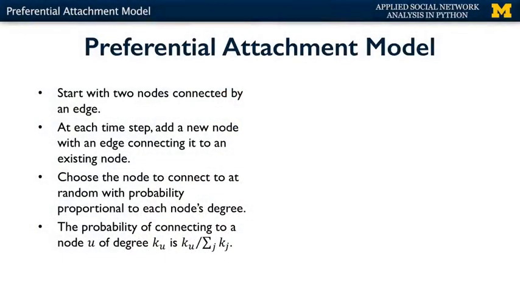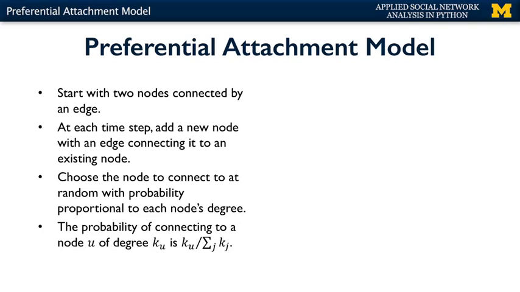The new node is going to choose at random, but with probability proportional to the node's current degree. So the probability of connecting to a node u that has degree Ku is Ku divided by the sum of the degrees of all the nodes.